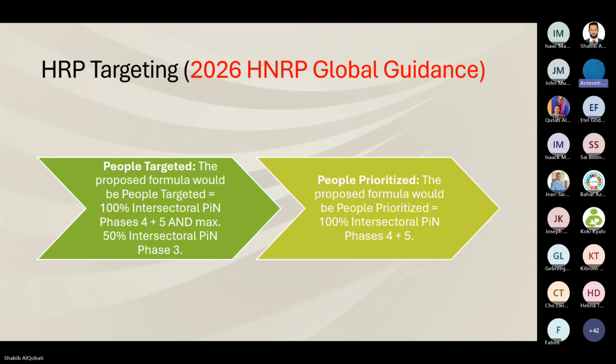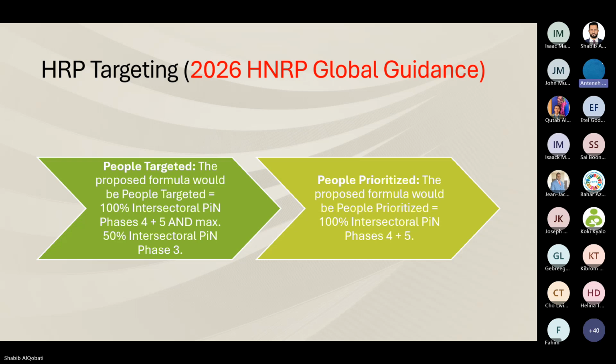So the HNRP guidance, which was published recently, which I shared at the beginning of this webinar, clearly states the recommendation on the left side of the screen, which is people targeted.